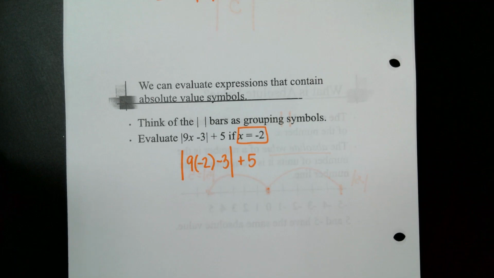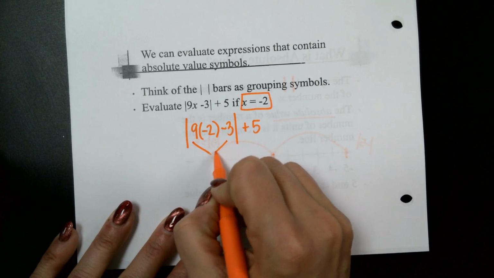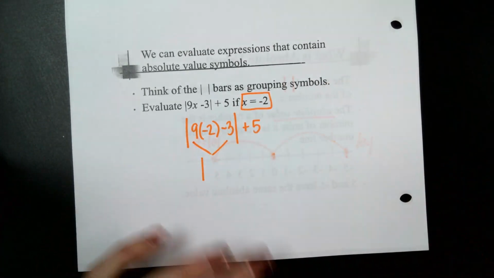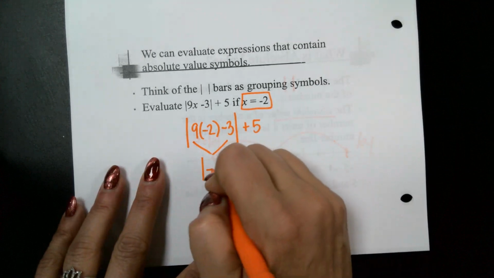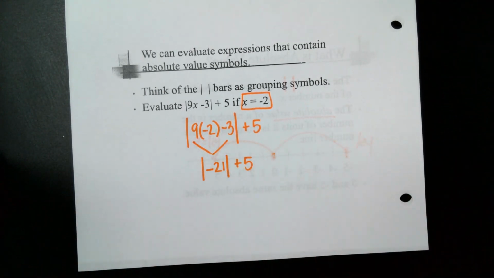And then we need to start in here. What is 9 times negative 2? Negative 18. And what would negative 18 minus 3 be? Okay, so negative 21 is what goes inside those bars.